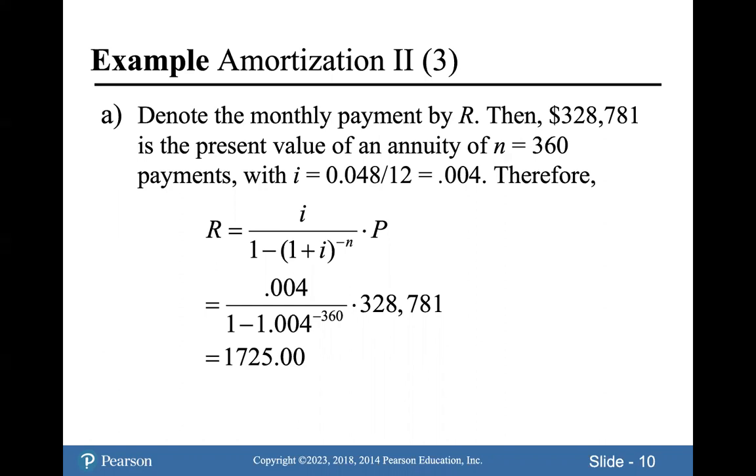Okay, so using that formula or the formula that we're used to, I encourage you to try it the other way and see that you get the same answer. R comes out to $1,725. So the monthly payment would be $1,725.